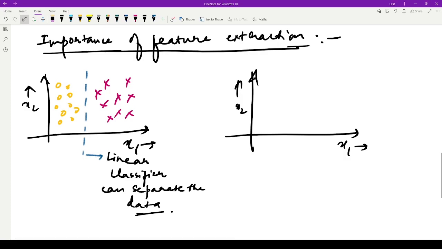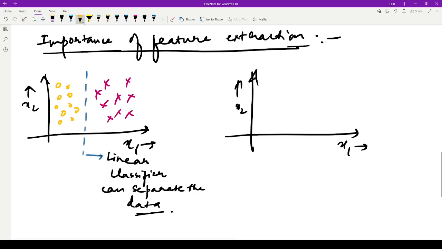Why? Because we can classify it properly. Yeah, you can classify properly. That means the discriminative power of feature x1 is very high, and there is no discriminative power in feature x2.